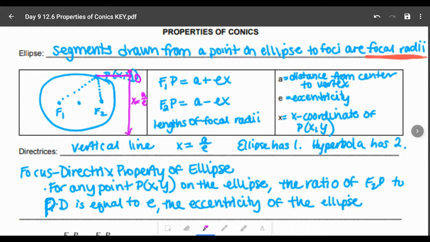Another way to write all of that is that F2P over PD is equal to E.